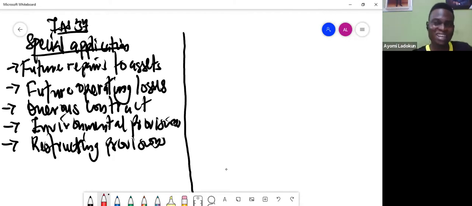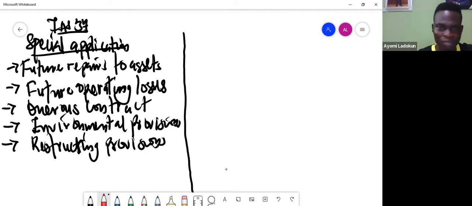Now the question is, at December 2021, for example, when you are preparing accounts, can you go ahead and make provision for that future repair or future maintenance you are going to carry out in June next year because it's in your policy? The answer is no.